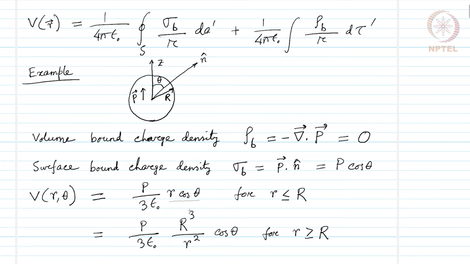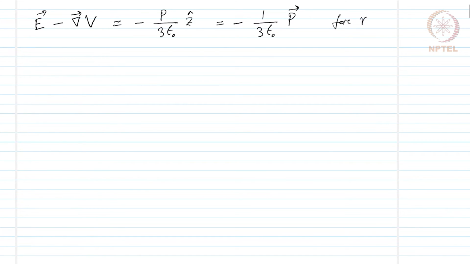Electric field is the negative gradient of the potential, which is minus P over 3 epsilon naught z cap, because r cos theta equals z, and this is minus 1 over 3 epsilon naught times the P vector. This is for any point inside the sphere. What happens outside?